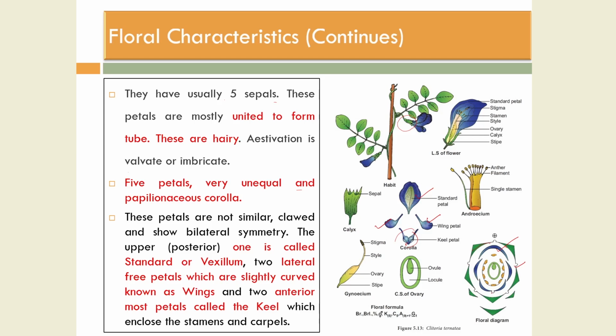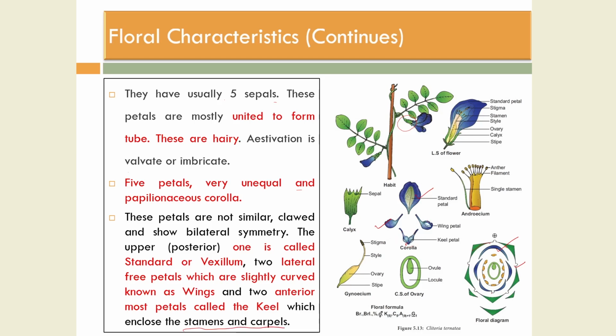The largest standard covers everything, giving the particular papilionaceous shape, which encloses the stamens as well as the carpels. You can see here this papilionaceous flower is totally covering the stamens as well as the carpels.